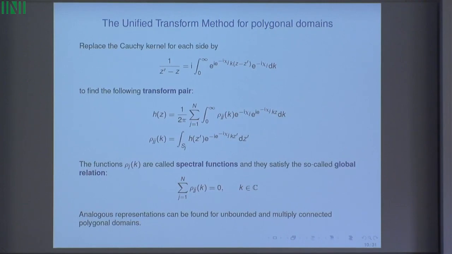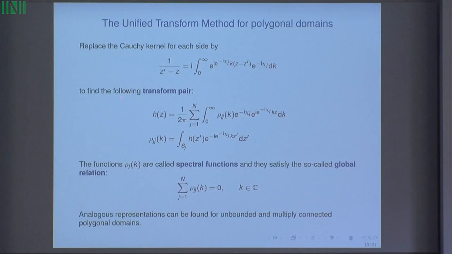And so I should say here that this is a different way to derive the transform pair, which was done by Fokas and Kaptsov using Lax pairs and Riemann-Hilbert problems. So it's basically by geometric observations.